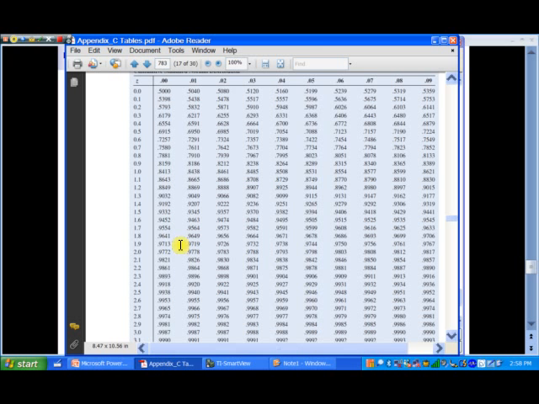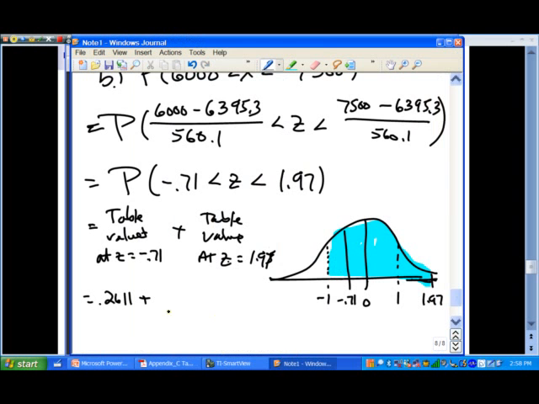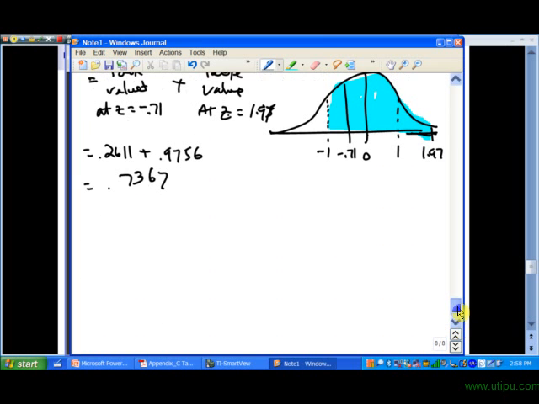That's right there. And then we need to scroll across till we get to 0.07. 1.9, and then going across we get to 0.07, so there it is, 0.9756. So we can just add those two together now. And if we do so, we end up getting 0.7367.